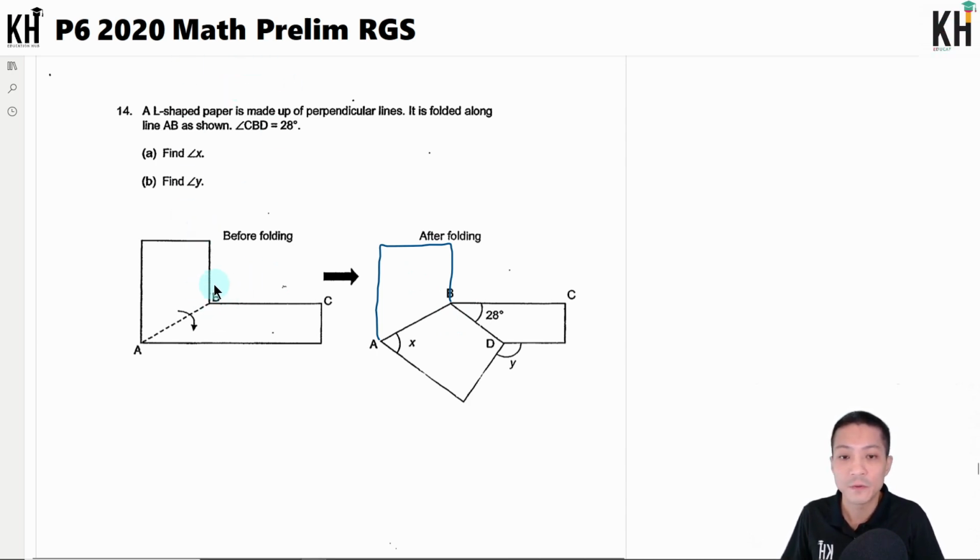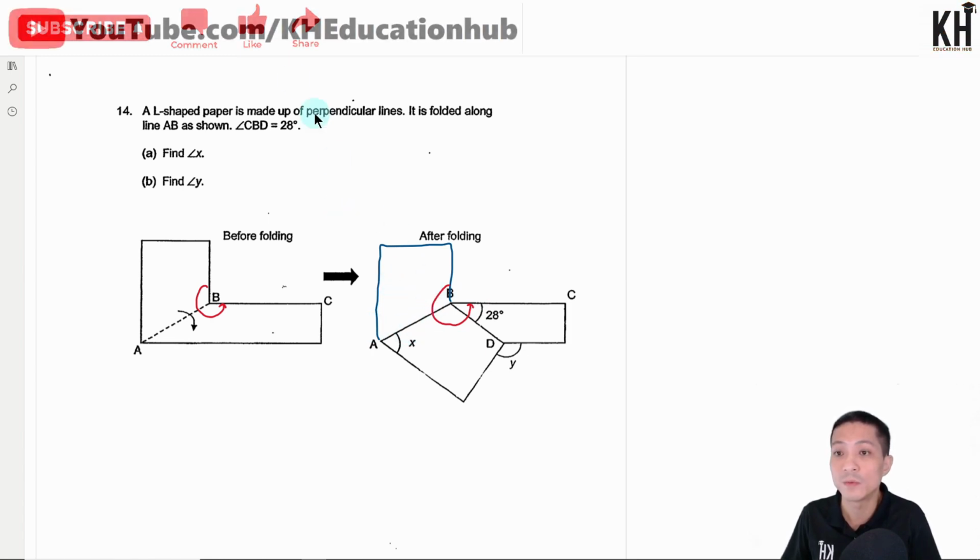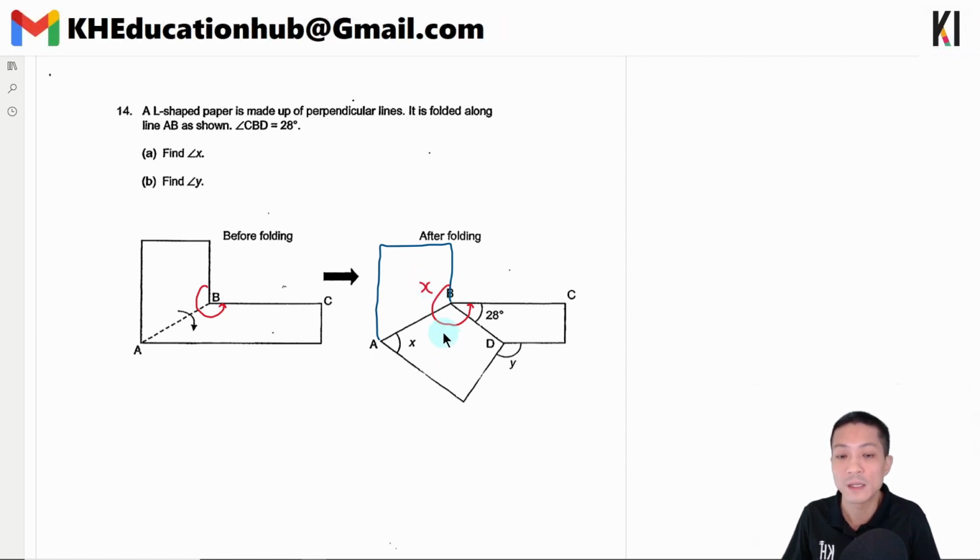Now the angle from here to here is equal to the angle from here to here. We need to realize that these two angles over here are the same. Maybe I call this X and X. These two are the same.